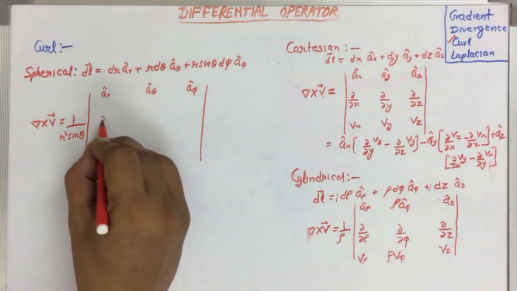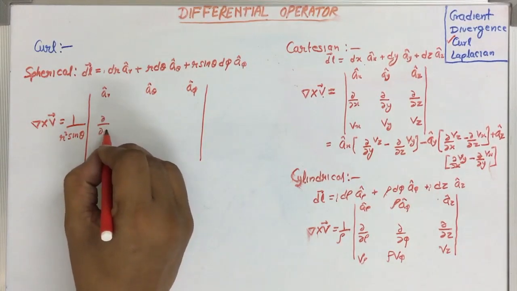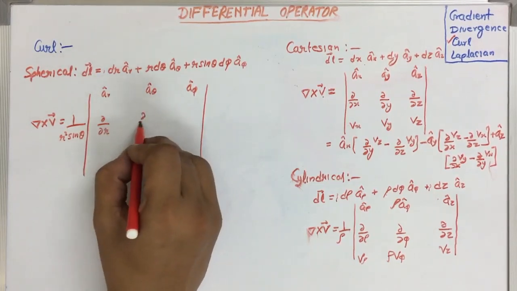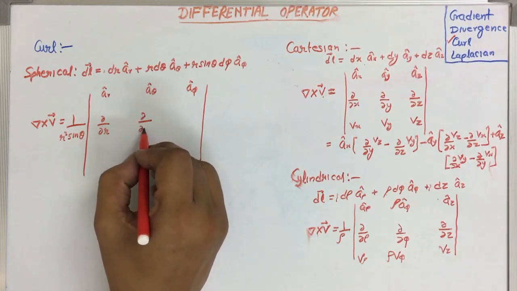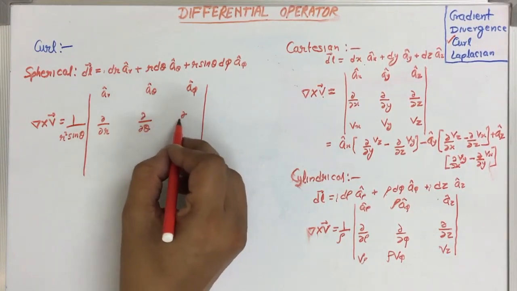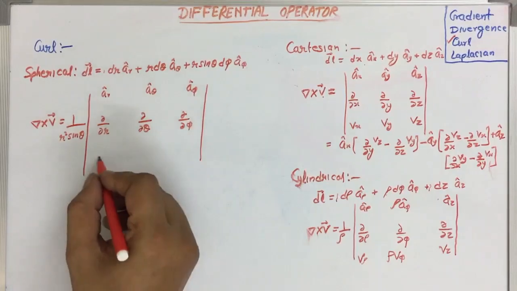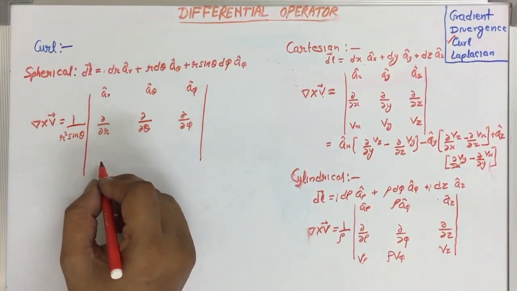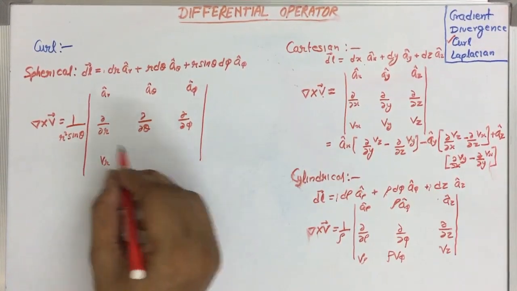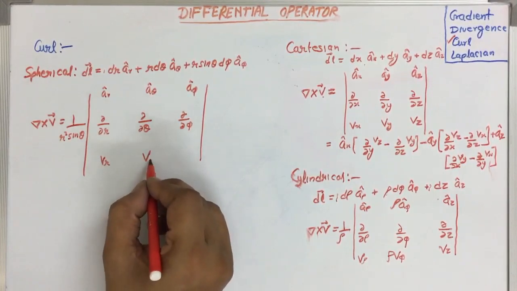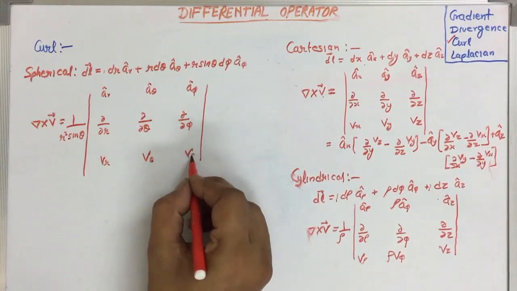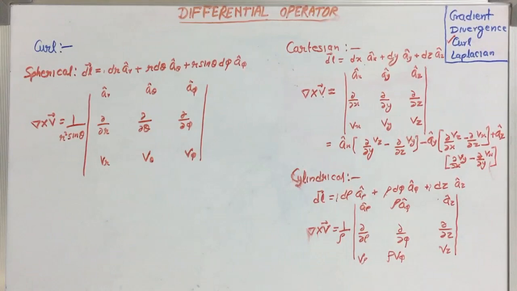Again, just write del over del r, del over del theta, del over del phi. Here we will write the components Vr, V theta and V phi. The components we have written.